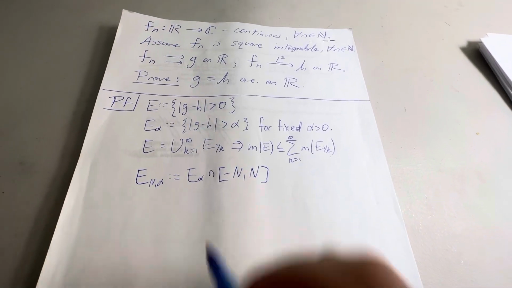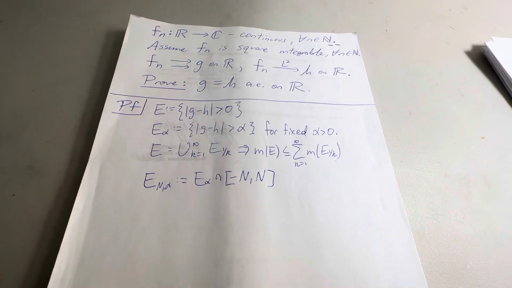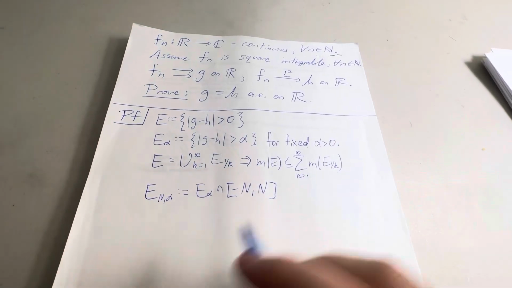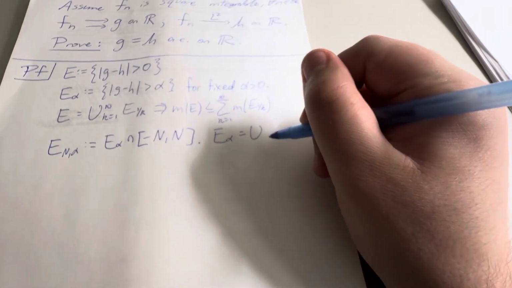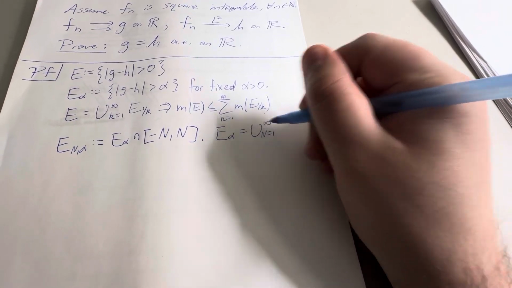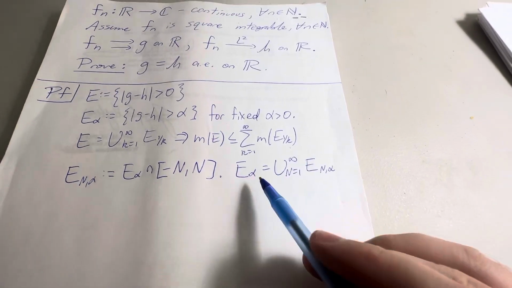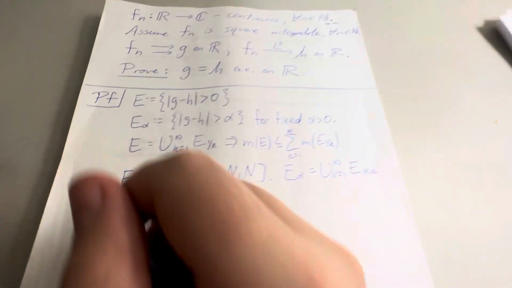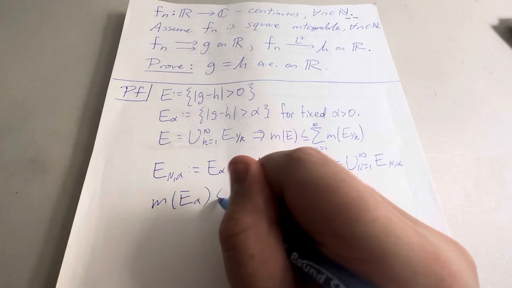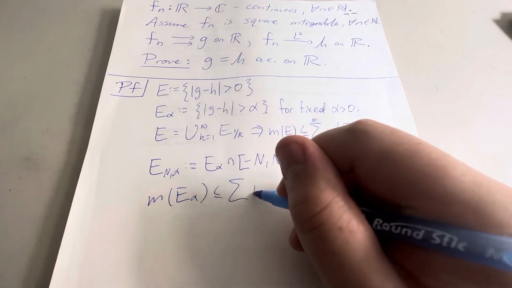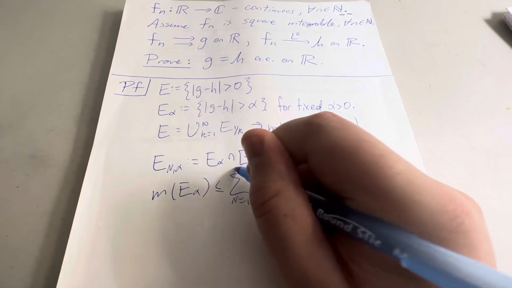Because then, if you show that this set has measure 0, then we recognize that E alpha can be written as the countable union, from n equals 1 to infinity, of E n comma alpha. So again, by countable subadditivity, the measure of E alpha is bounded above by the sum of the measures of E n alpha, n from 1 to infinity.